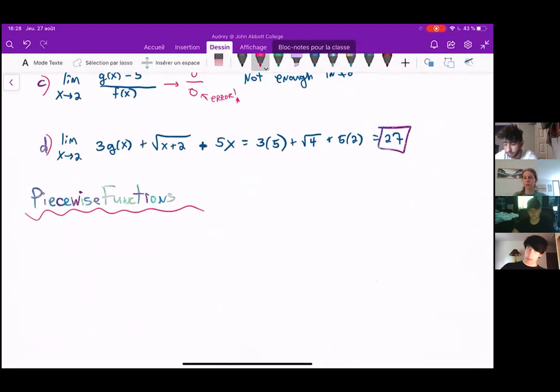And so we're just going to start this with an example, and that way we can really get into the piecewise function.